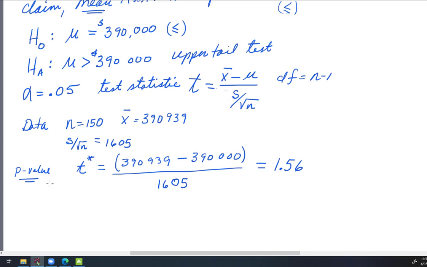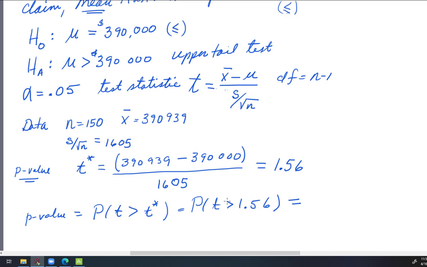So the p-value, now this is an upper tail test, and so the p-value is going to be equal to the probability that t exceeds t star, the probability that t is greater than 1.56.